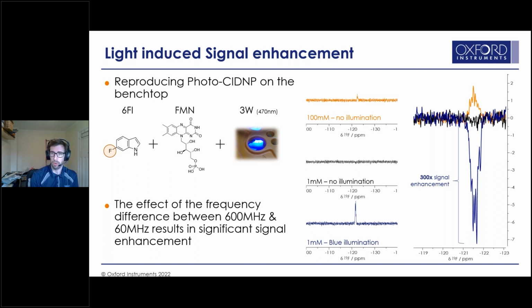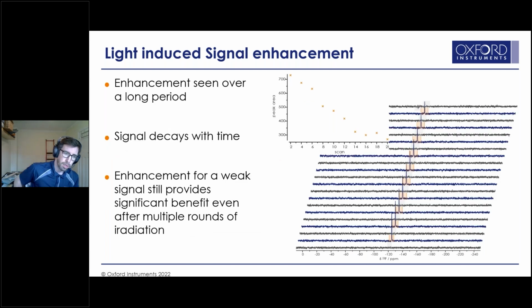And it's not just a one-off. That enhancement of signal can be seen over a long period. The signal decays with time, but what we did here was we took that same sample, turned the light on, turned the light off, turned the light on, and tracked the decay of that signal with time. We can see that there is obviously a decay as we do this with more illuminations.